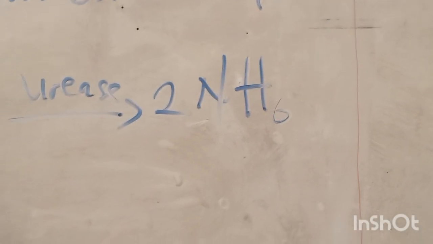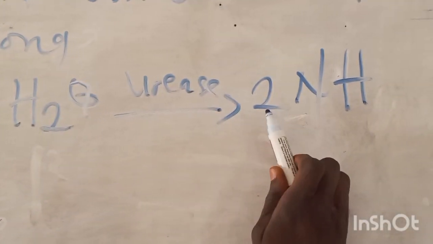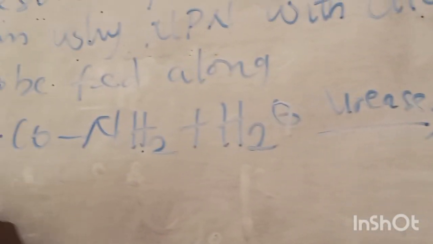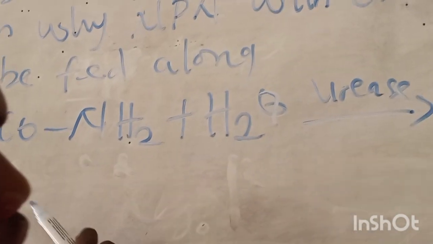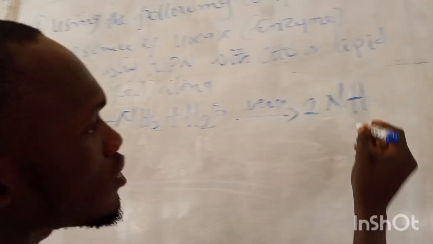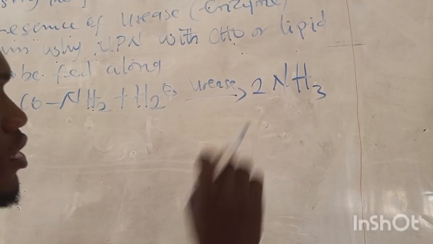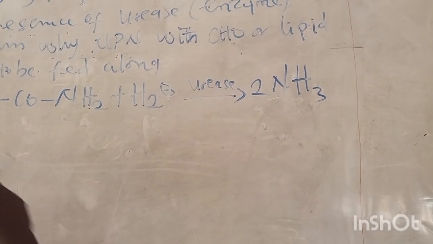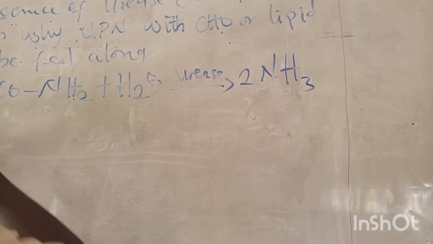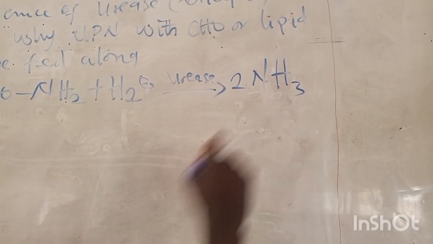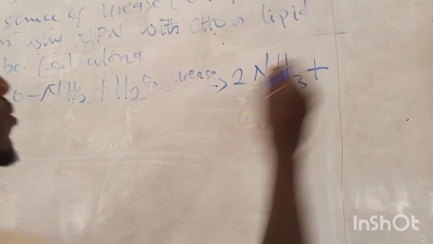So that can go. And what do we do here? A number that we can multiply by 2 that will give us the total number of hydrogen present in this reaction. So how do we do that? We have 3. 3 go into 2, we are having 6. That simply means 1, 2, 3, making 6. Your hydrogen is complete. And at the same time, your 2 here, which is the 2 nitrogen, is also complete. Then plus what?